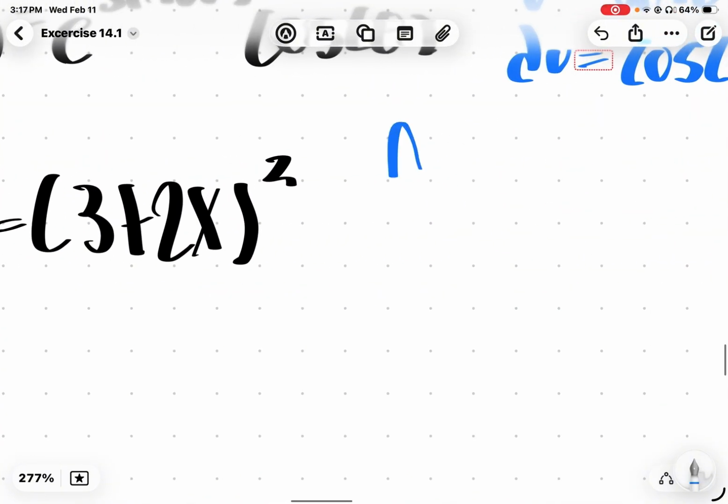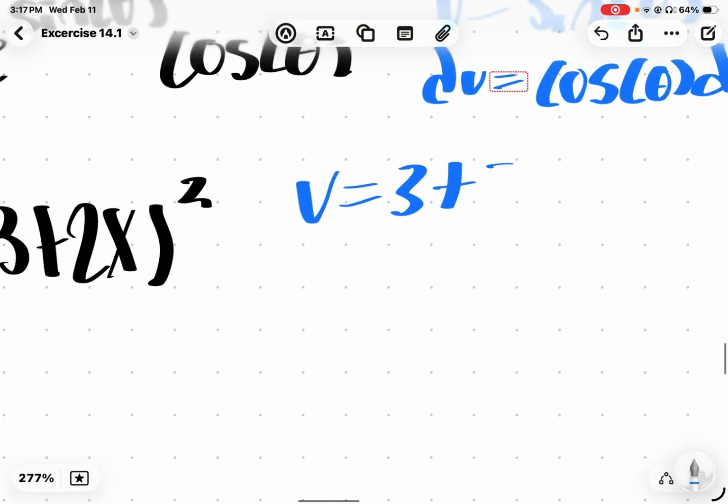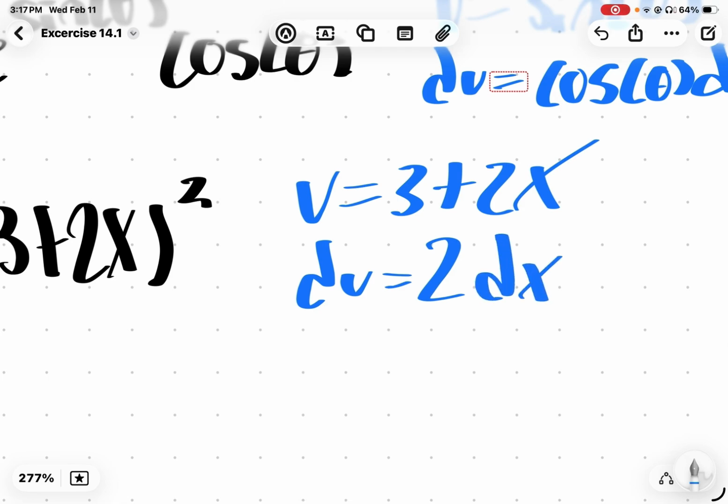So for the integral of f of x, we'll have to use u substitution. u is the inside, 3 plus 2x, du equals 2 dx.